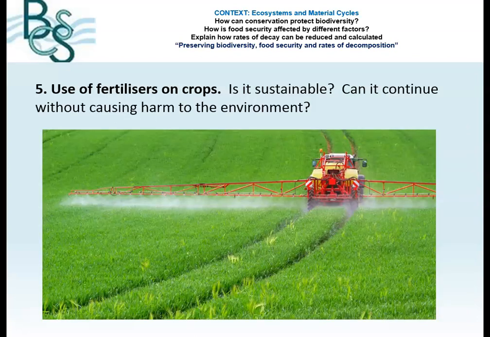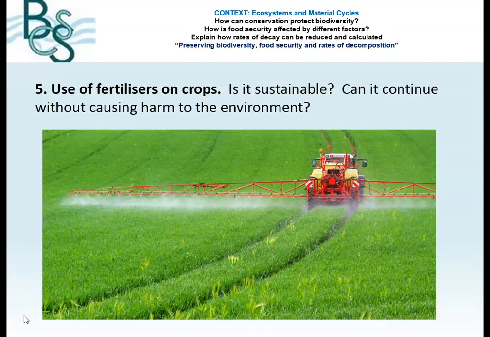Number 5 is the use of crops. It's actually use of fertilisers on crops. The problem with this is that we use fertilisers to increase the growth of the crops, and that has worked up to now. And actually, there's been a 700% increase in the amount of fertilisers used globally each year.